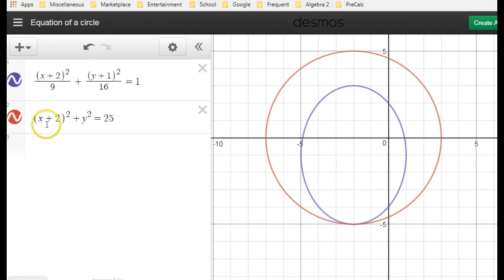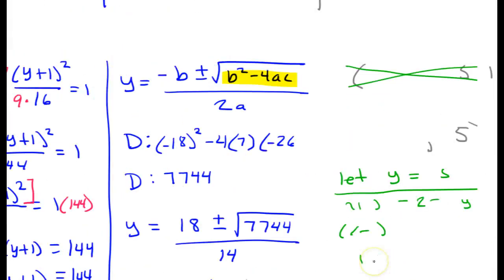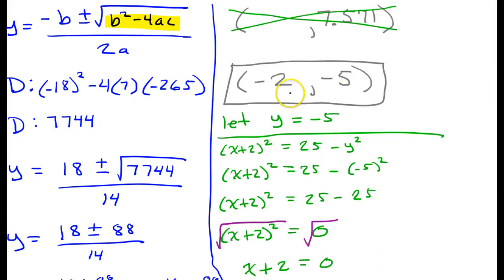So the circle, you can see we have our red circle here, and our ellipse is this lavender color right here, and you can see that they are touching just at one point, and the point is -2, -5, which is what we found by the magic of mathematics. Isn't that nice?